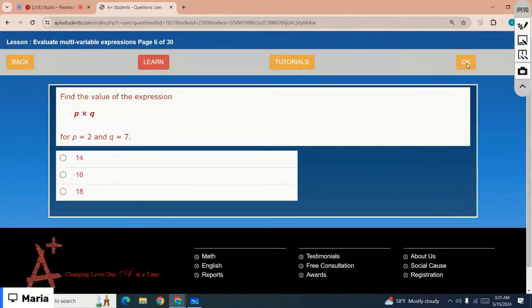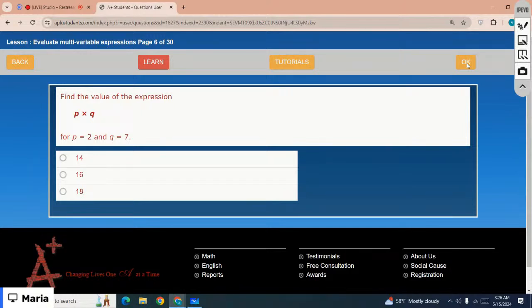Find the value of the expression p times q. So which is the correct option? For p equals 2 and q equals 7.